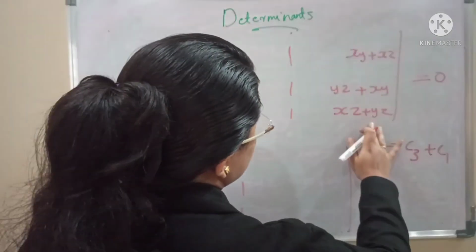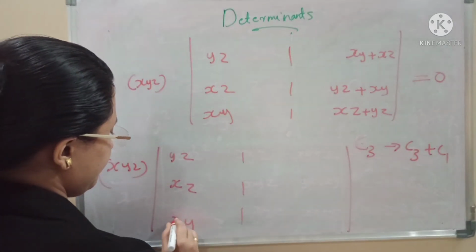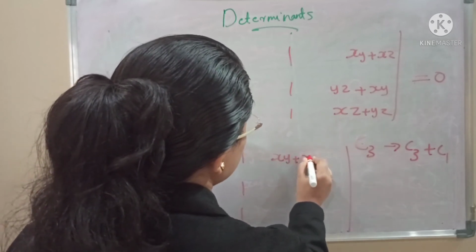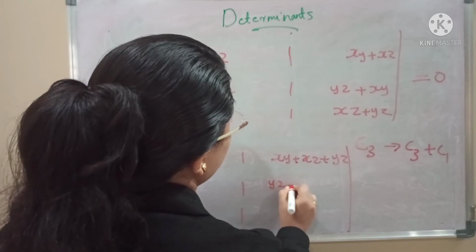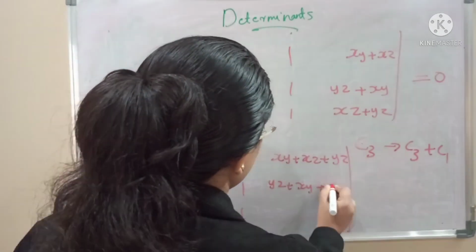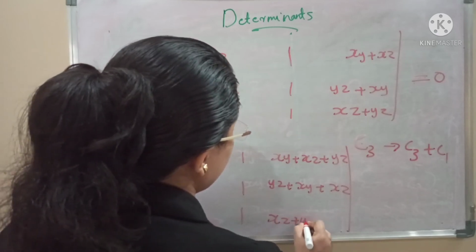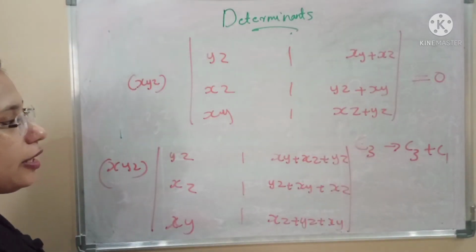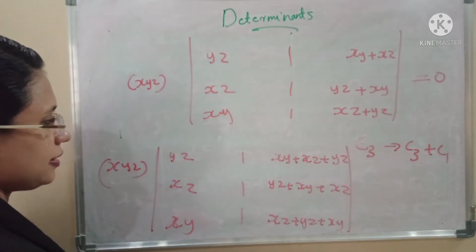Yeah, so C3 will only change, all others will remain the same. Okay, so this is xy plus xz plus yz, yz plus xy plus xz, xz plus yz plus xy. Clear?